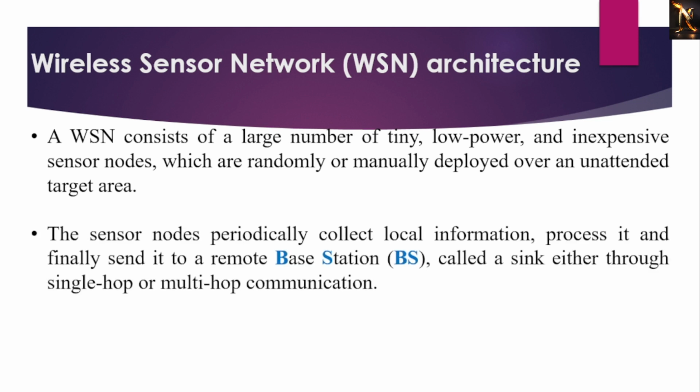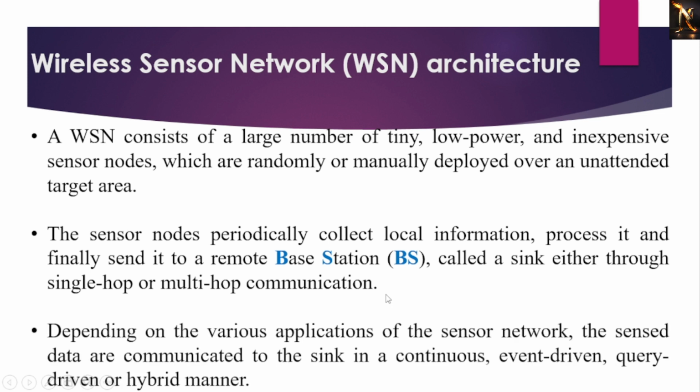These sensor nodes collect local information at regular intervals, process the data, and transmit it to a remote base station (BS) or sink through either single-hop or multi-hop communication. The communication of sensed data to the sink varies based on the diverse applications of the sensor network, encompassing continuous, event-driven, query-driven, or hybrid approaches.